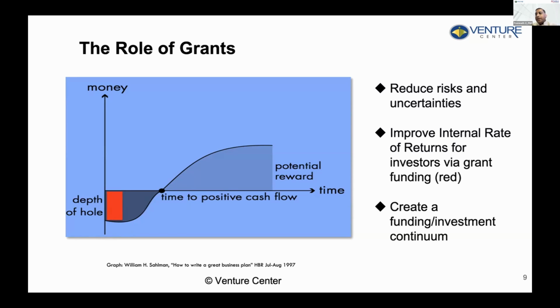So what you're essentially doing with grant funding is making it a little more attractive for investors to come and invest in your particular idea in comparison to other opportunities that are available to them. So this red box here is essentially what, say, BIG is funding, and BIG is essentially reducing the investment required to make it successful and therefore making it more attractive to investors.